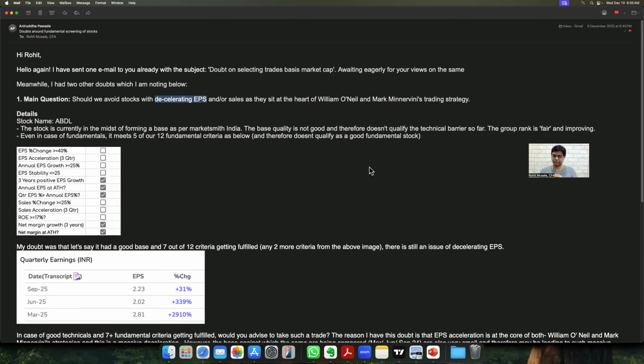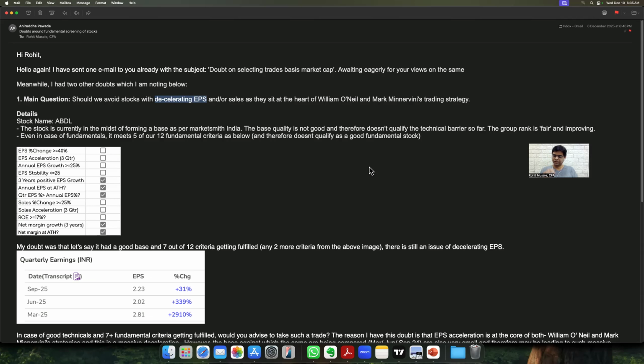For example, if there are 2 companies which are fundamentally strong, which means both of them meet 7 out of 12 of our criteria. If there are 2 companies like that, one company has decelerating EPS growth in the latest 3 quarters, another company has accelerating rate of growth of EPS in the latest 3 quarters.